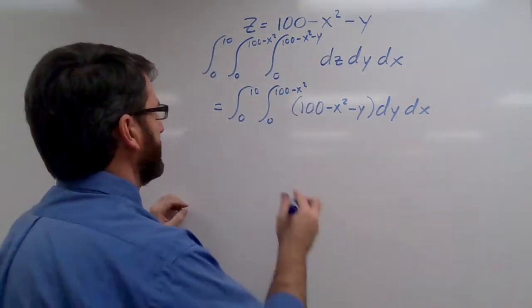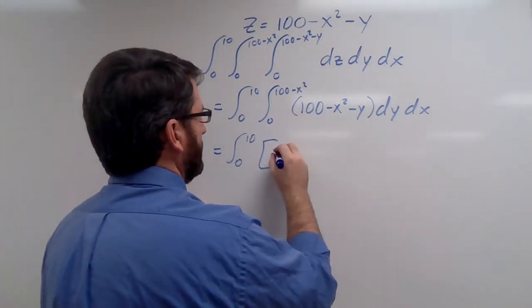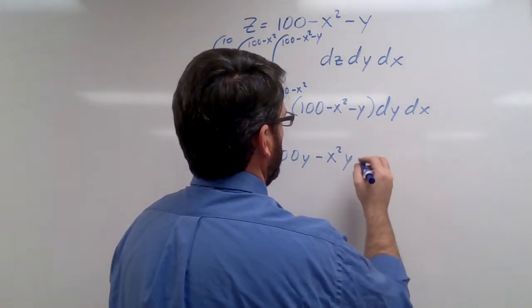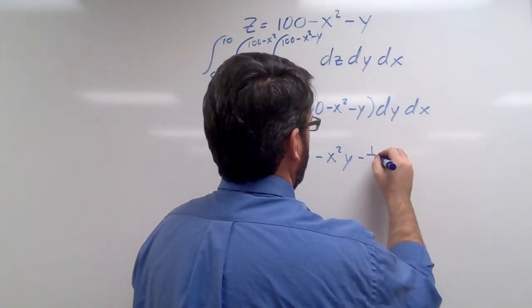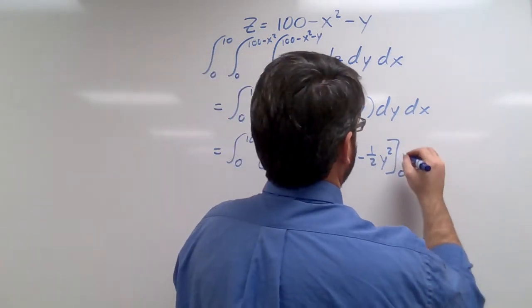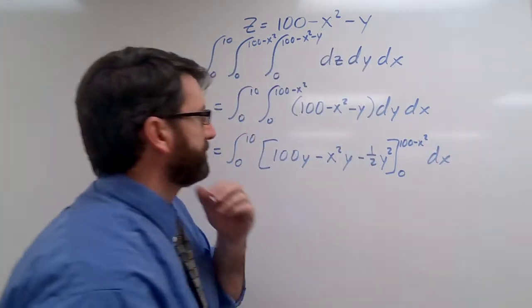Now integrating with respect to y, this is going to be 100 y minus x squared y minus 1/2 y squared. And we're going from 0 to 100 minus x squared dx.